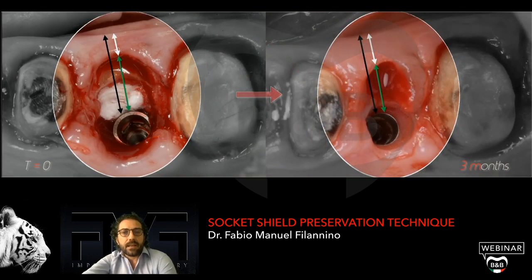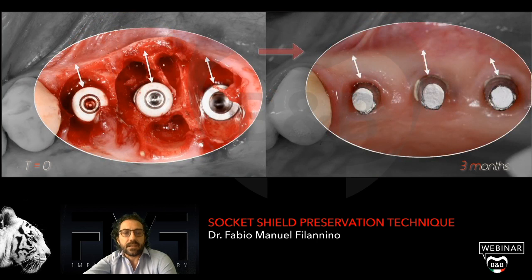This technique allows us to maintain, as we can see in this picture, the three-dimensional volume and especially the bundle and the buccal bone. Every time we extract the tooth, we have to expect, during healing, the resorption of the buccal plate and the modification of the hard and soft tissues around the implant.